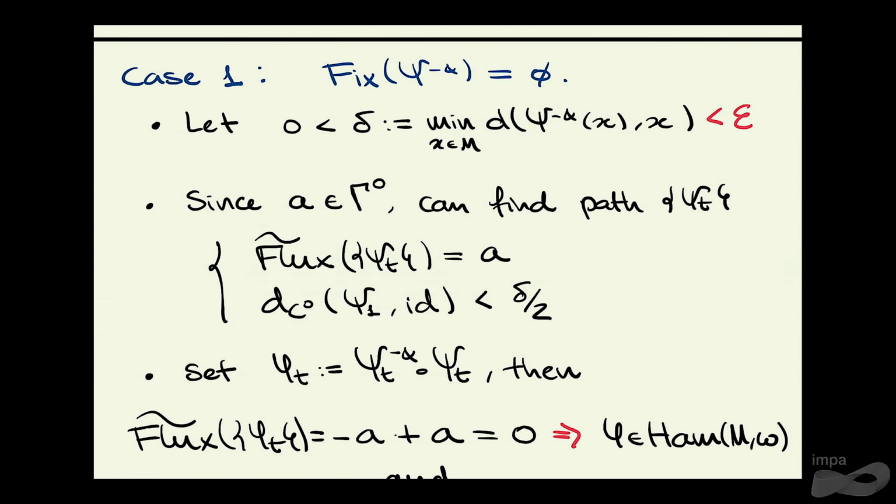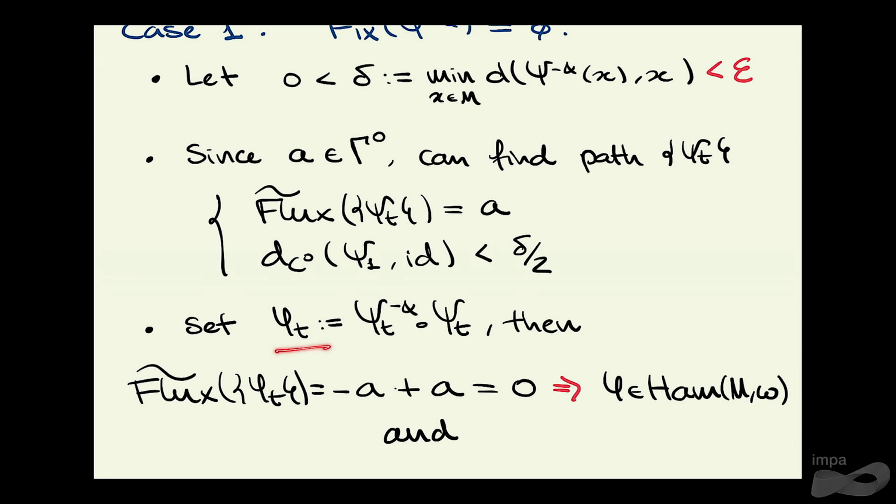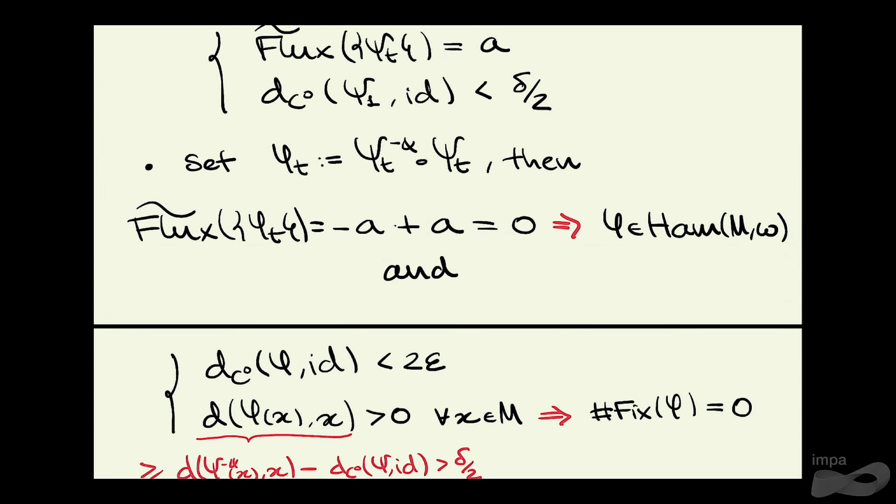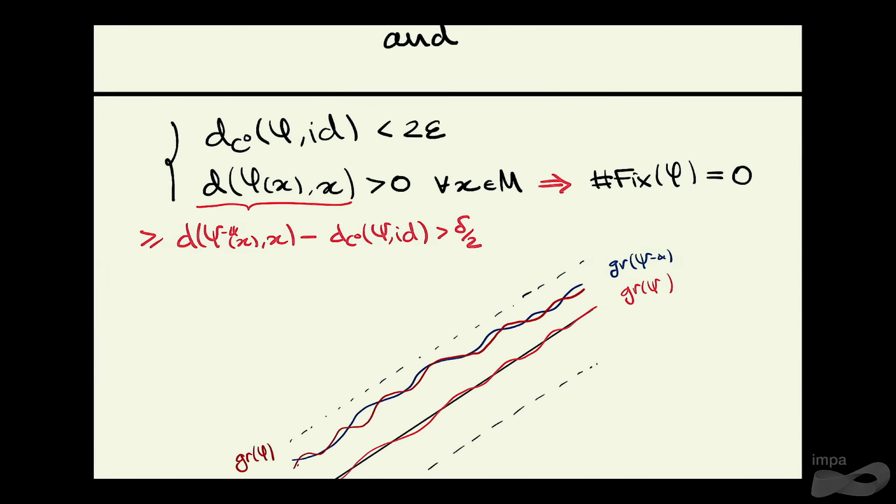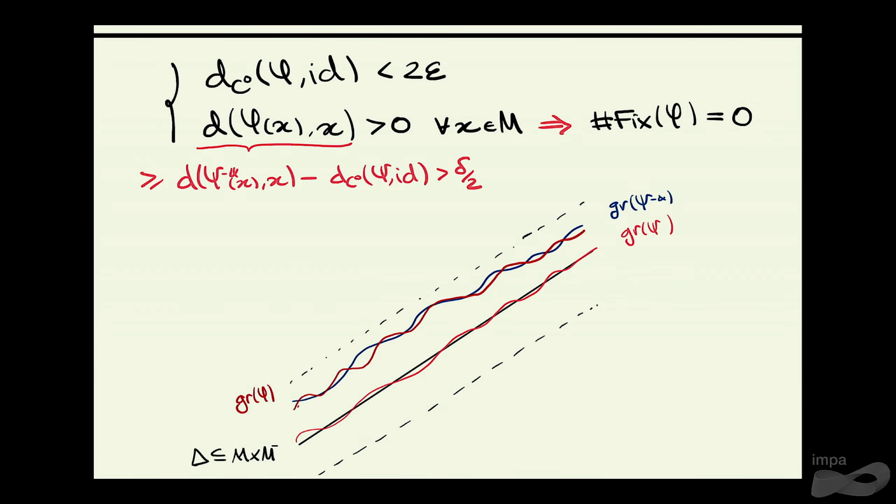And we take the endpoint of this path to be C0 small, less than delta over 2, but C0 small in terms of the distance that the initial map is from having a fixed point. So now you look at this composition, and the endpoint is going to be Hamiltonian because the fluxes are going to cancel out. And furthermore, it's not going to have any new fixed points.